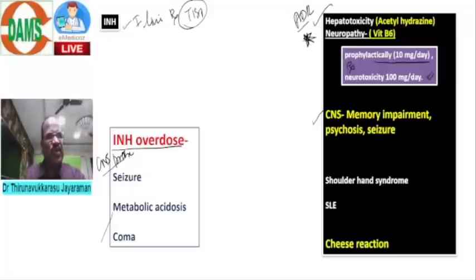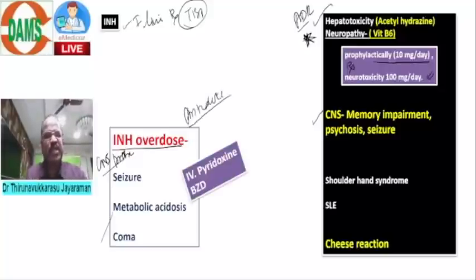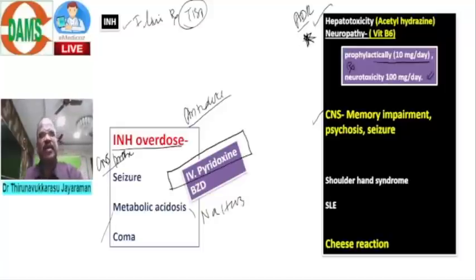For isoniazid overdose, what the Goodman and Gilman book says is that the antidote is administration of intravenous pyridoxine. To control seizure, we can try a benzodiazepine like diazepam, and for acidosis, give sodium bicarbonate. So anyway, for isoniazid-induced peripheral neuropathy, the antidote is administration of pyridoxine.